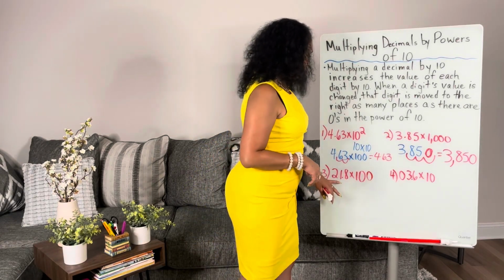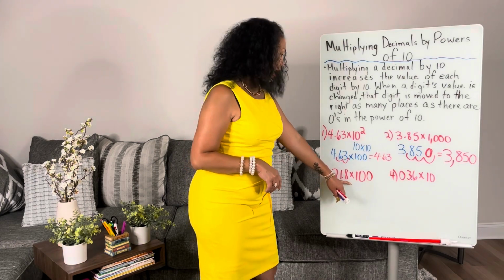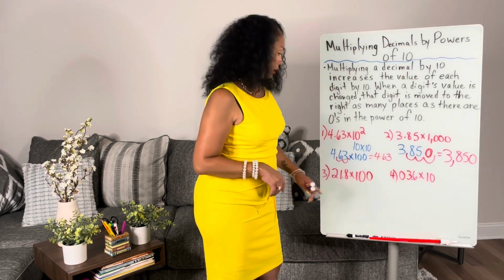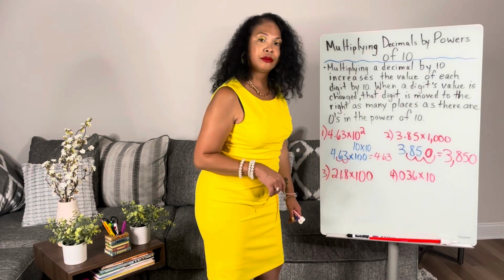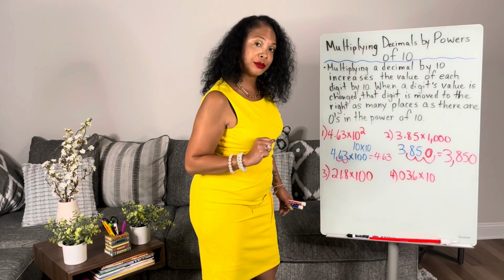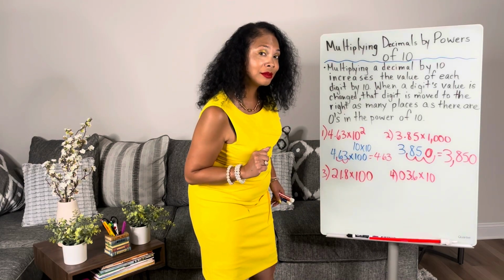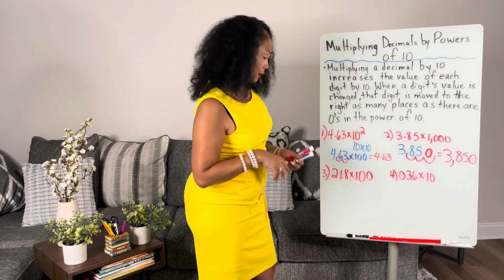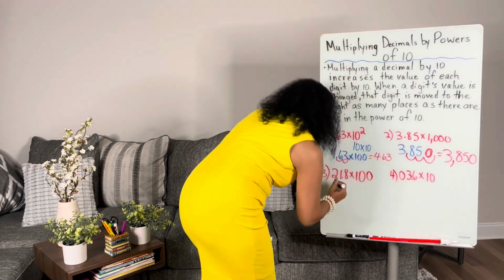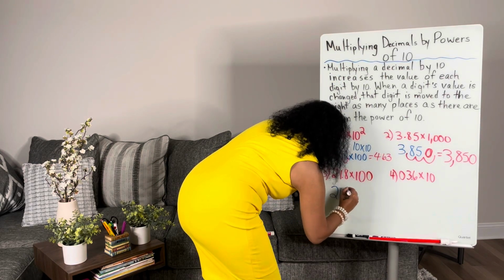All right, so let's look at the third example. 21 and 8 tenths times 100. How many zeros is in this 100? That's right, 2 zeros. So how many times do we have to move our decimal point? You said it right, 2 times. So let's write down our number 21 and 8 tenths.